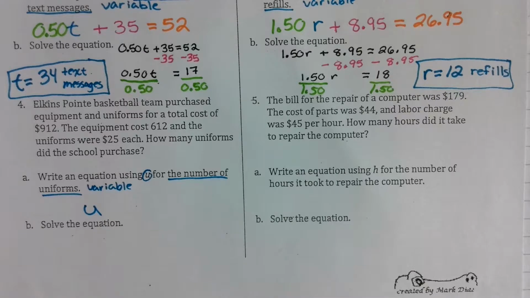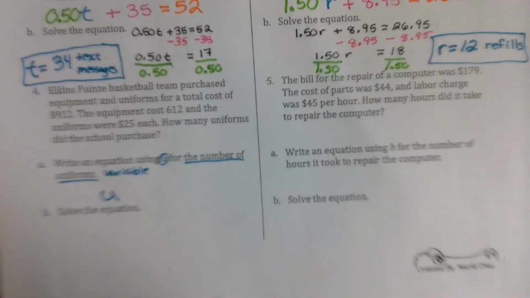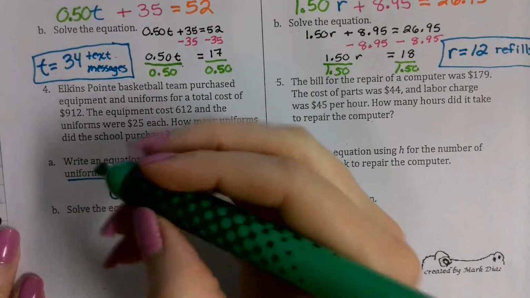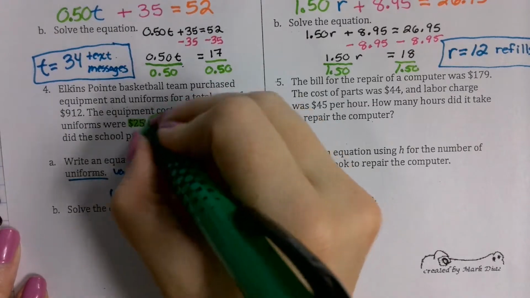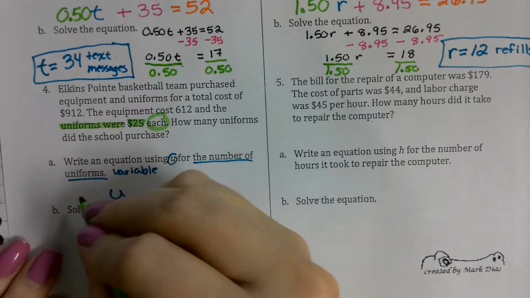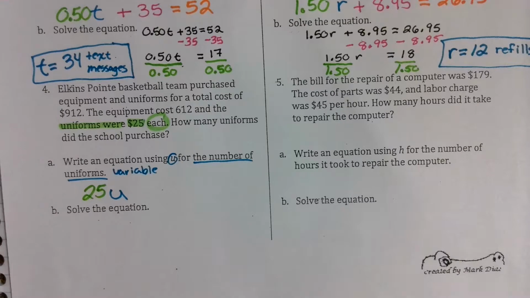What's the coefficient? 25 each. Very good, Bryant. The uniforms were $25 each. So there's our coefficient for the uniforms, 25. What's the one-time value, Julian? 612.